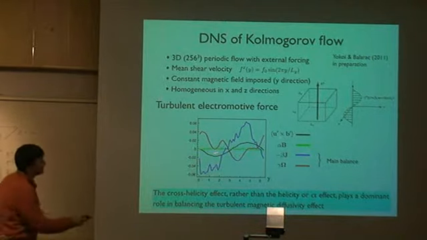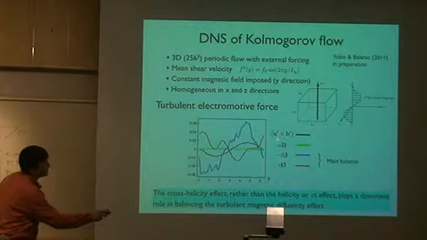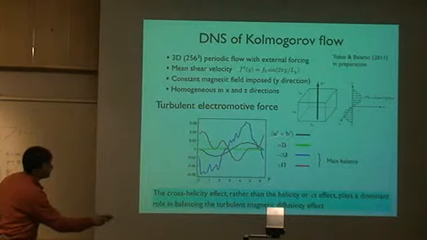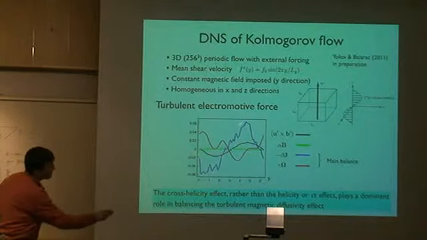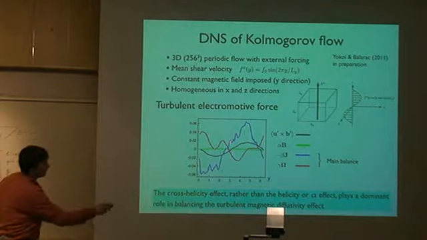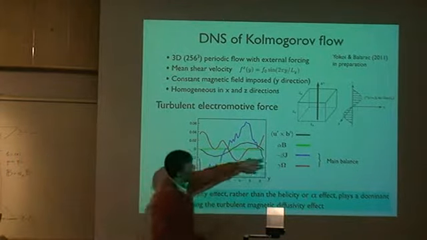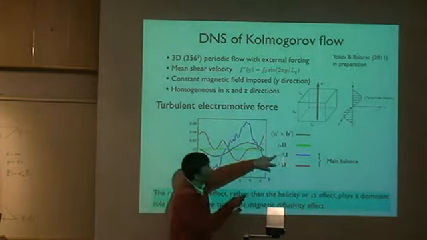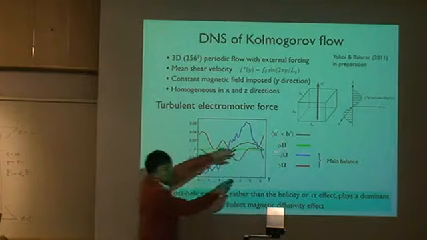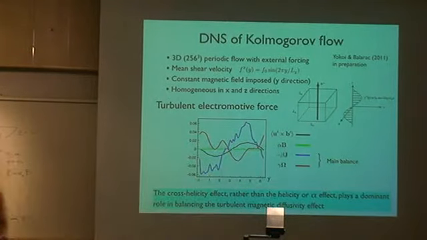The result is that this is the electromotive force from the DNS, and the alpha effect is in this case negligible. The gamma and turbulent magnetic diffusivity, by the main balance of these two terms, this can be explained.